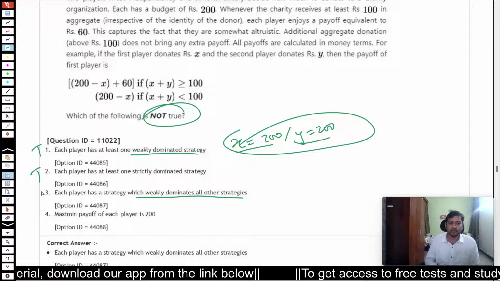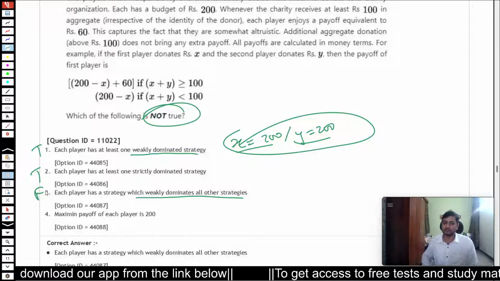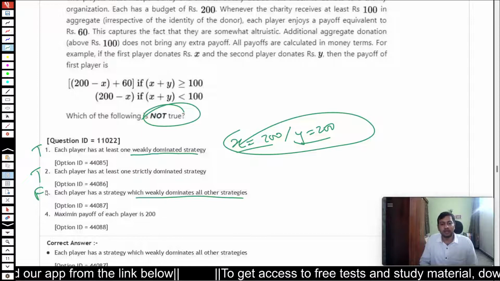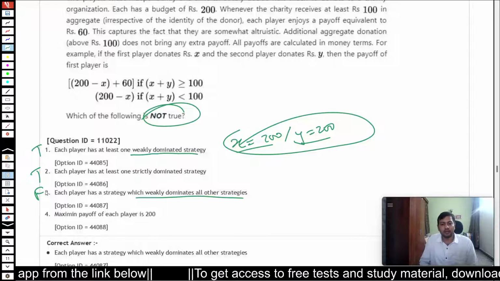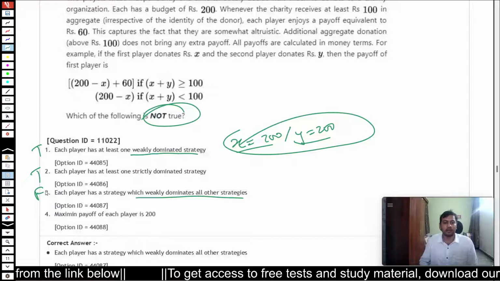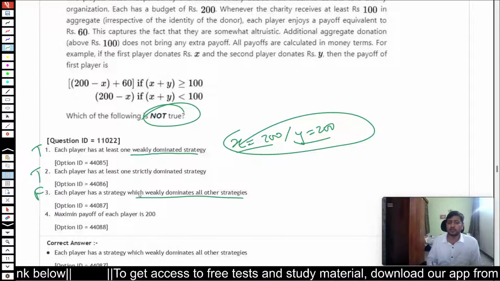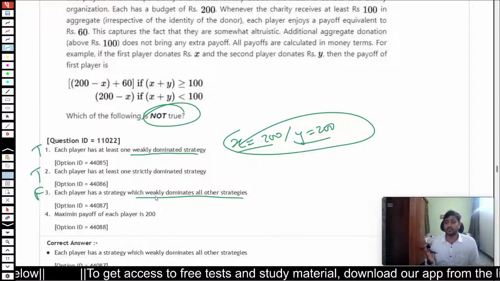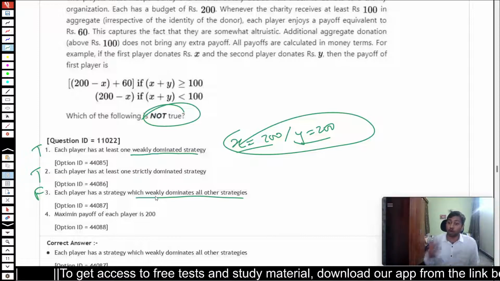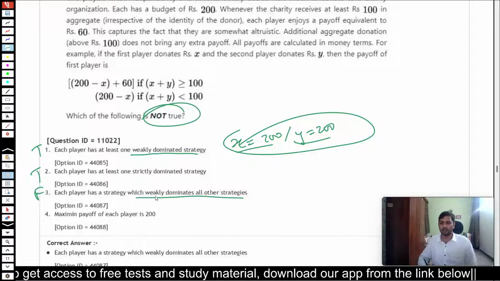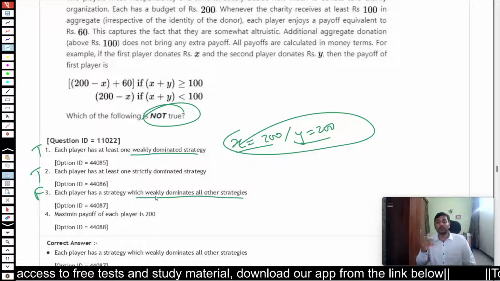Now this is false. Why is this false? Because in this case what he's saying is that there's some strategy which weakly dominates all other strategies irrespective of what the other guy does. So that's not true. You have to think about what the other guy is doing.